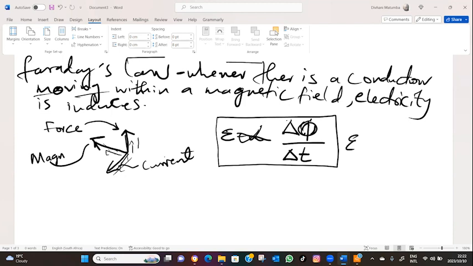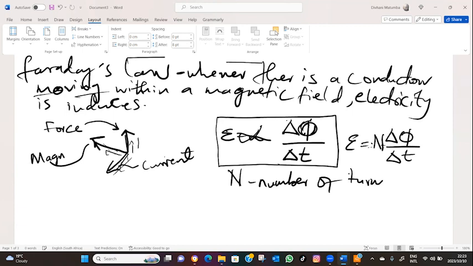Therefore, your EMF is given by the following. We introduced a constant here, and this constant is actually the number of turns. Your N is the number of turns on a coil of the conductor.